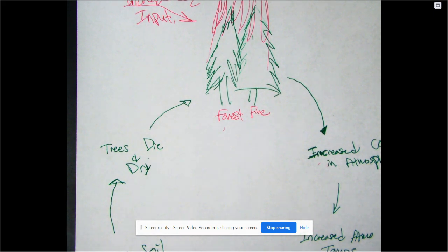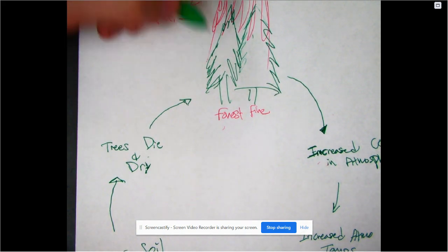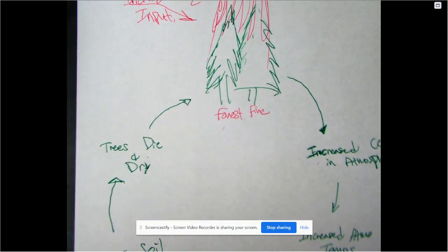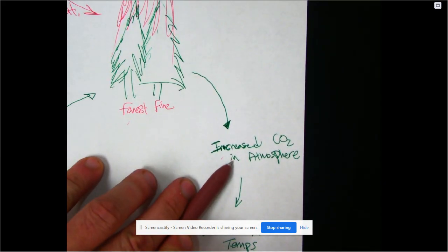Now we need to actually look at the reasoning, and I'm going to draw this out on here, but you would do it in paragraph one. We'll go ahead and take a look. We have the forest fire. How is that going to increase the CO2?